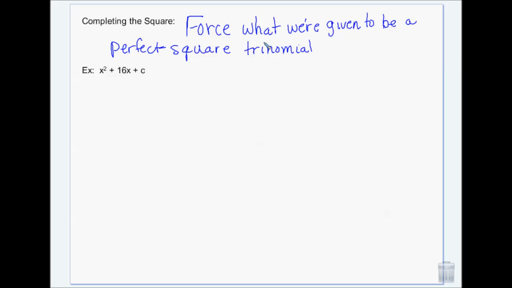We look at whatever we're given, and if it's not a perfect square trinomial, we go, no, you will be a perfect square trinomial now. So we're forcing the math to be what we want it to be. And I know that sounds weird, but we are. We're gonna force the math to be what we want it to be. And so here's how you do it.